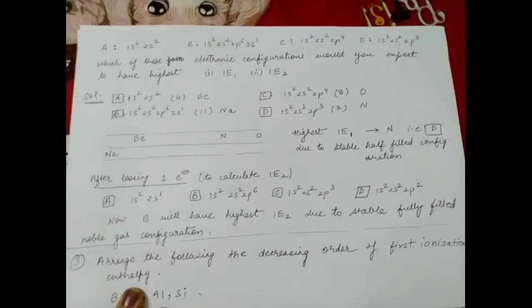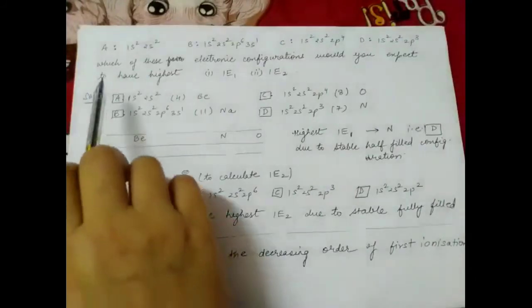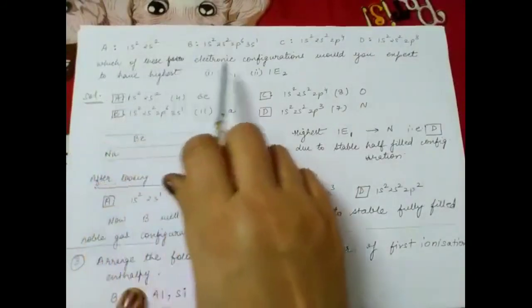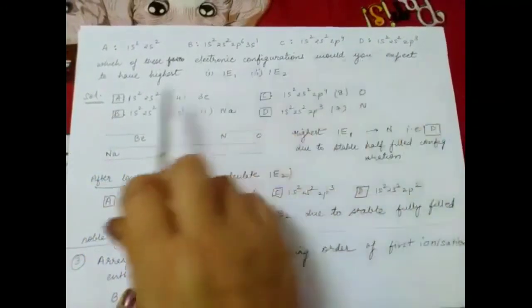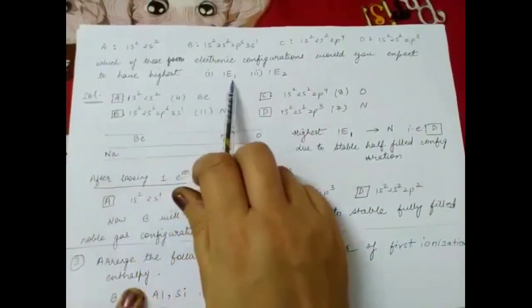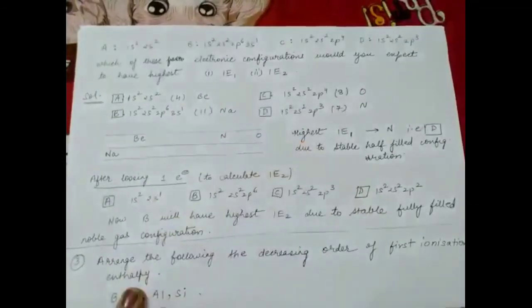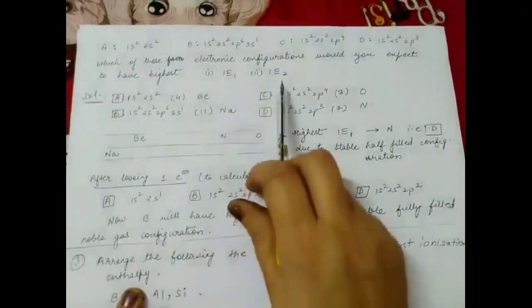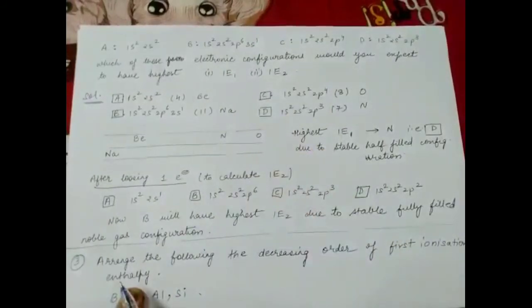The s orbital is always single, p orbitals are 3 in number. So this is how the electrons are filled. Now my question is, which of these electronic configurations would you expect to have highest IE1 and second IE2? IE1 means the energy required to remove the first electron, and IE2 means the energy required to remove the second electron.